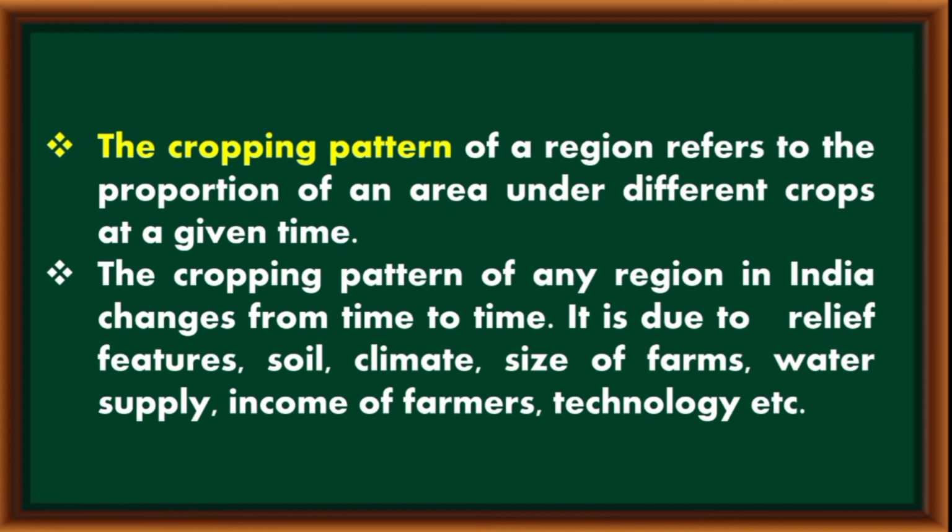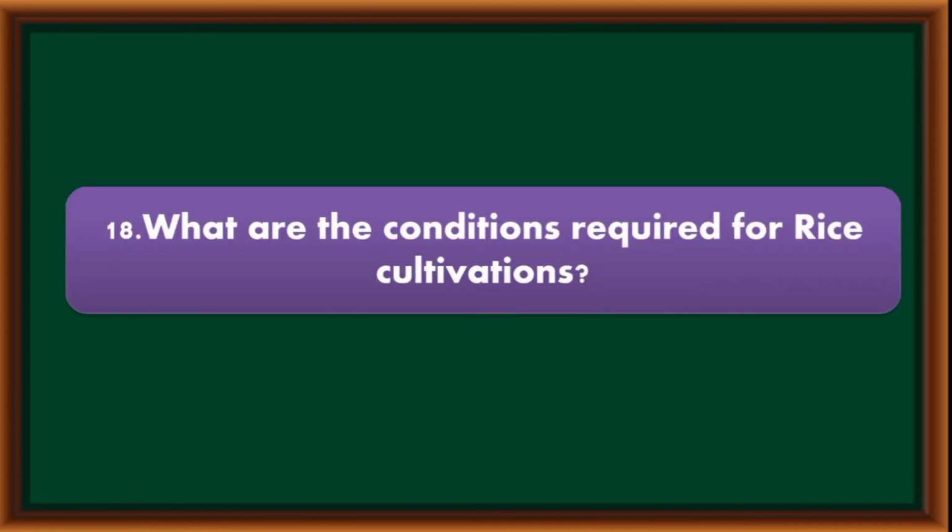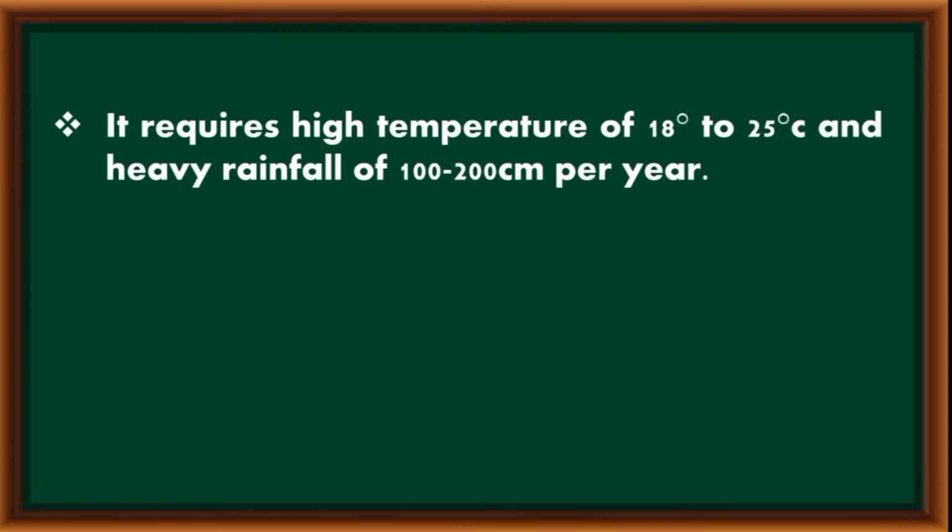Let's move to question number 18. What are the conditions required for rice cultivation? Answer: It requires a high temperature of 18 degrees to 25 degrees Celsius and heavy rainfall of 100 to 200 centimeters per year.